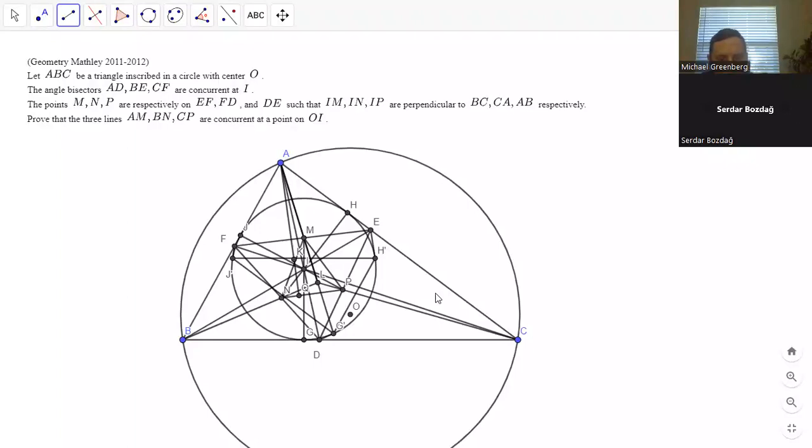Okay, and this is true by isogonal line lemma. If you intersect EF with BC? Okay.